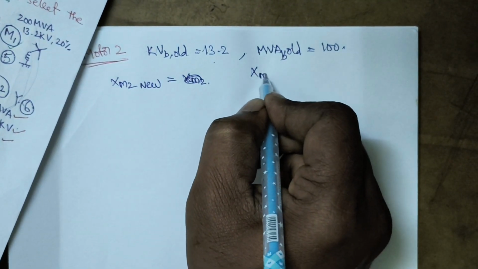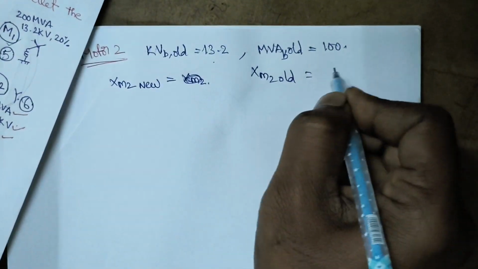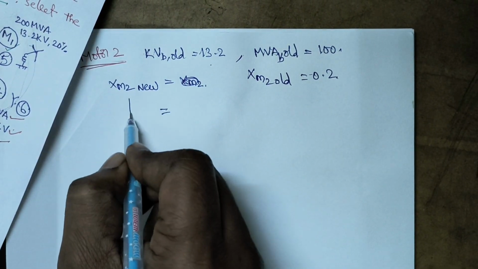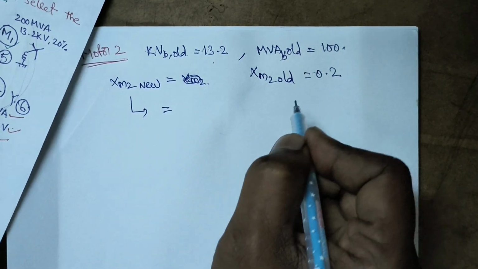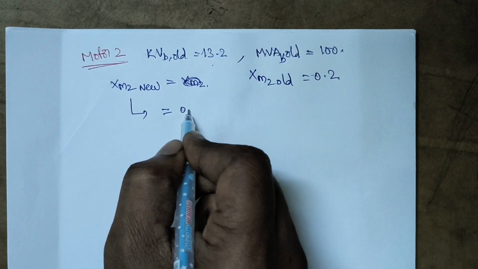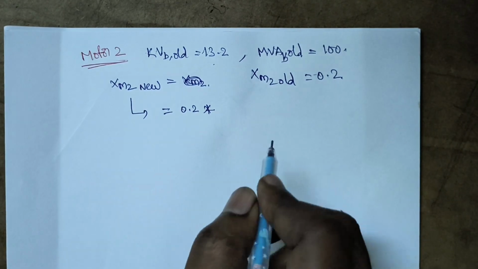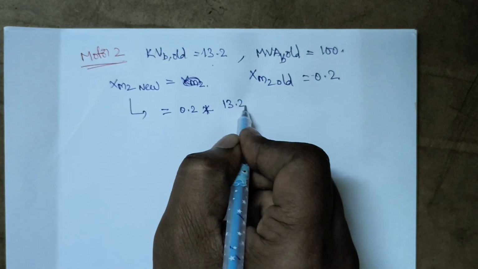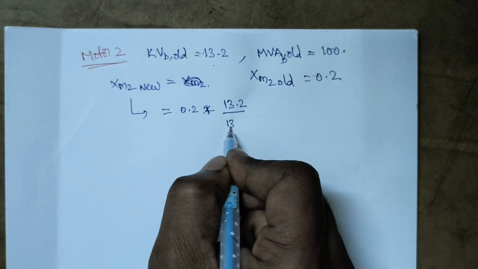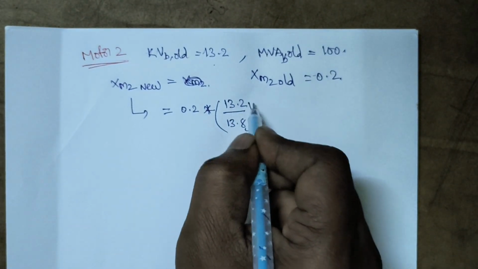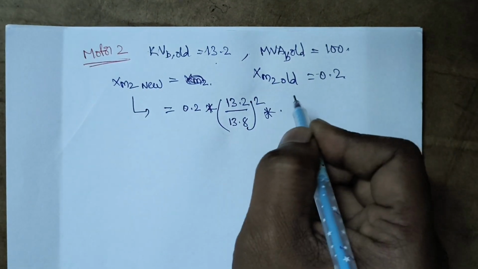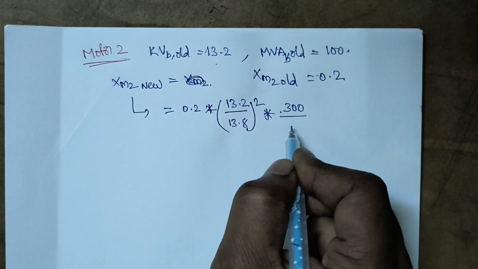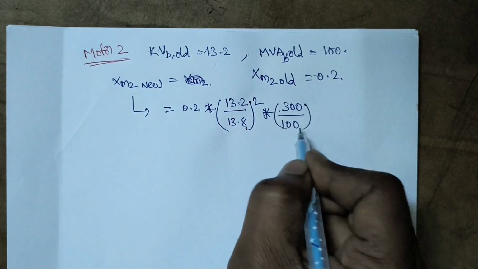So what is the formula? XM2 new is equal to XM2 old, which is given by 0.2, multiplied by KVB old, which is 13.2, divided by KVB new 13.8 whole square, multiplied by MVAB new 300 divided by MVAB old 100, like this.